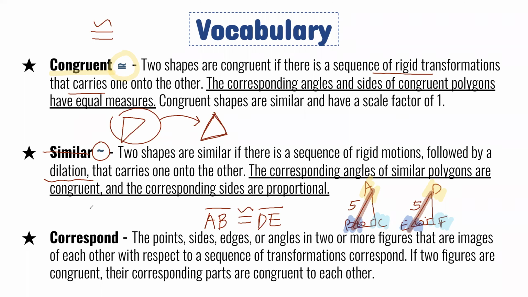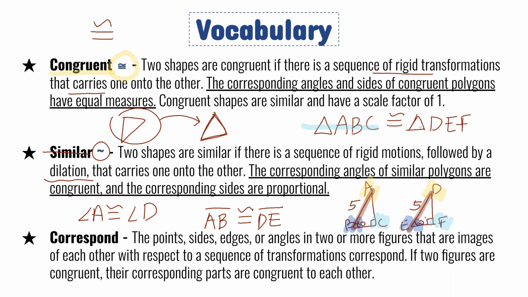I can also say angle A is congruent to angle D. And lastly, I can say triangle ABC is congruent to triangle DEF. Okay, so these are very important sentences we're making that you're going to need to be successful in this chapter.